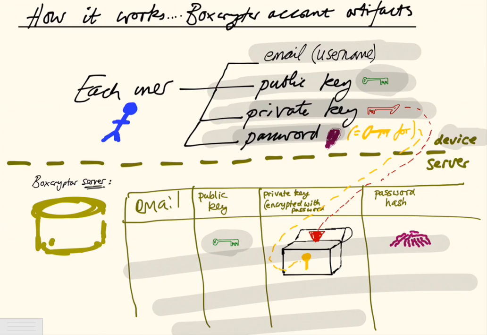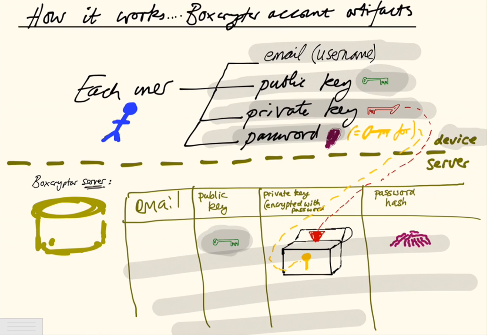The public key is not sensitive information. It's not secret information, because if we think back to our original treasure chest example, the public key is only used for locking things. It cannot unlock anything, right? So nobody can use the public key to unlock any of your secret resources. So for that reason, we store it in its raw format on the Boxcryptor server.